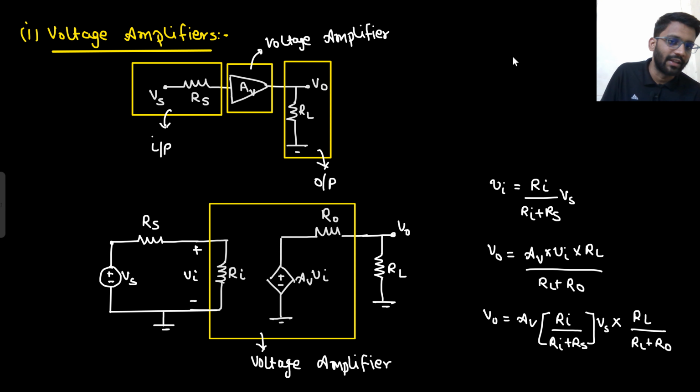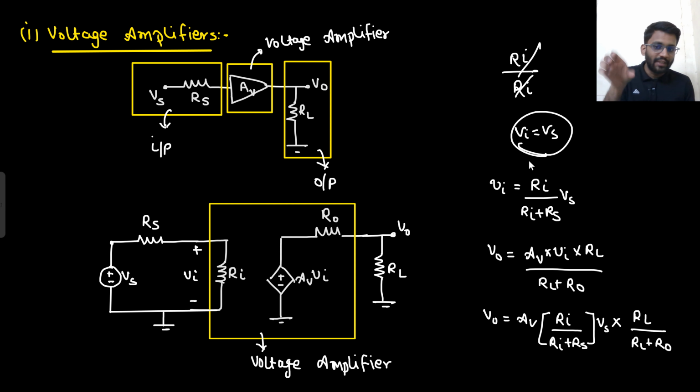And if Rin is infinity, what will happen? Put Rin equals to infinity here. Then Rs would be very small with respect to Rin. So Rin upon Rin would be 1 only. So Vin is equal to Vs. So directly Vs is going towards the input of the amplifier.